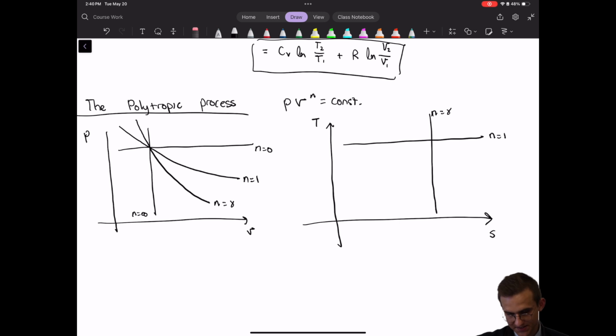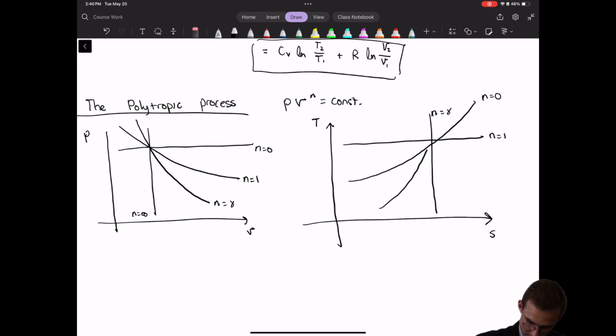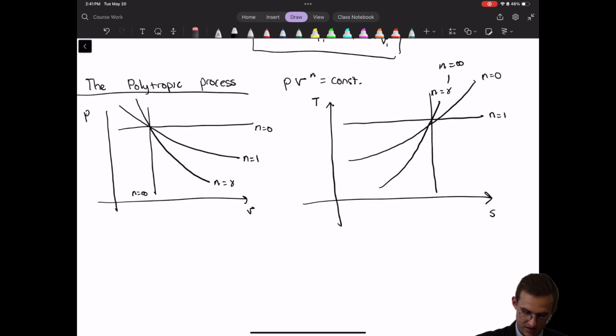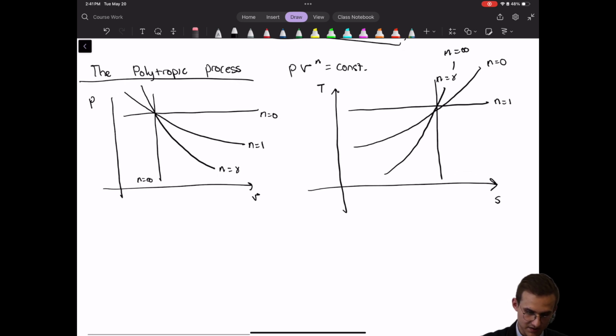And that should give you a pretty big hint that the N equal to gamma case is actually the isentropic case. So N equals 0 is that line, and then the steeper line here, the N equal infinity, you can see is actually the V equals constant line.